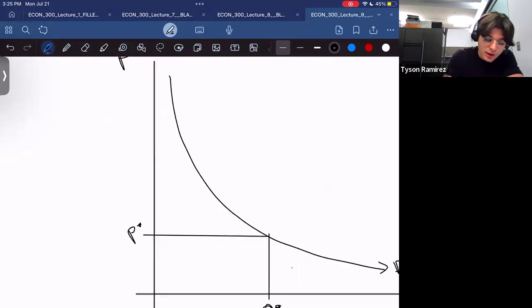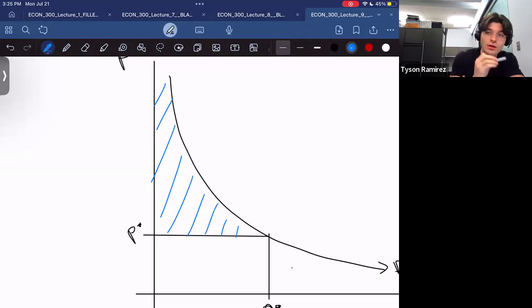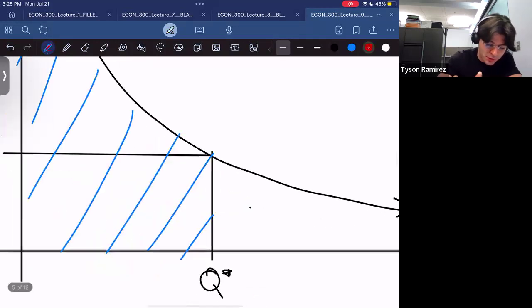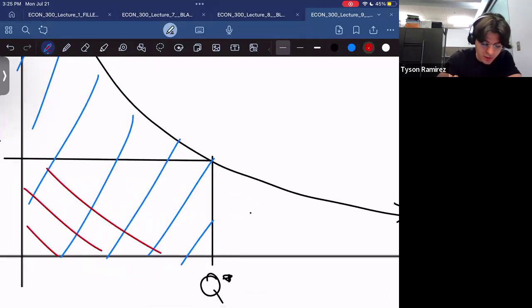In this way, the consumer surplus is everything below the demand curve, because that's all of the benefit. I always do this one when I'm teaching principles: they're getting all of this benefit, but they have to subtract out everything that it costs to get there.